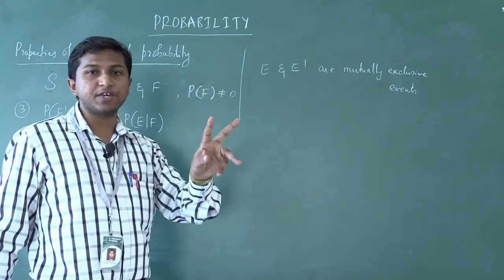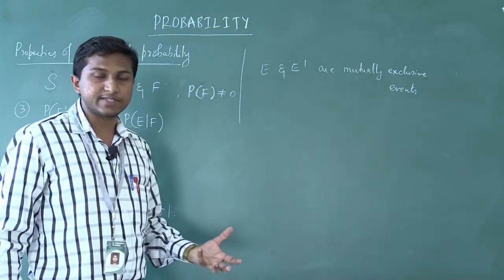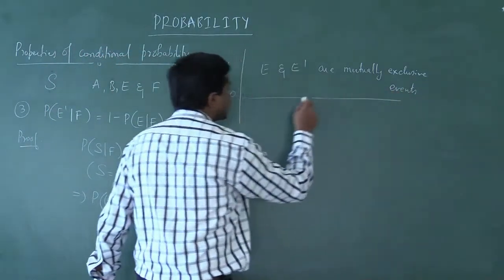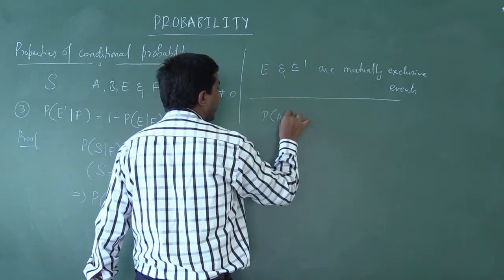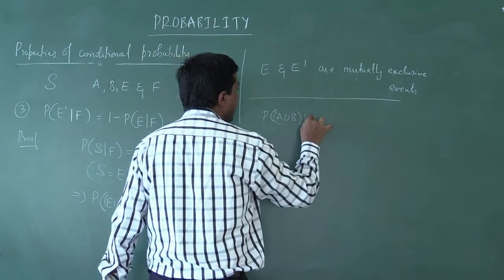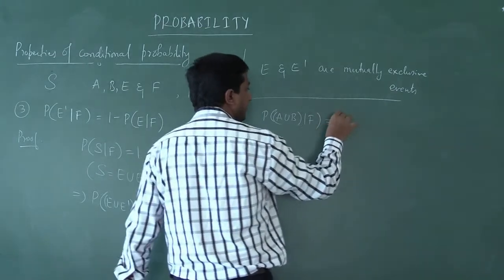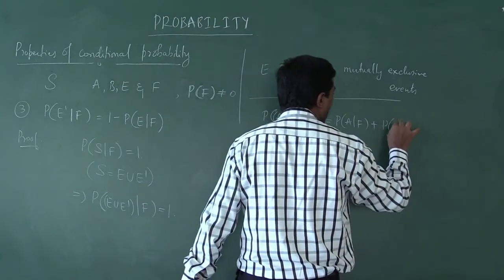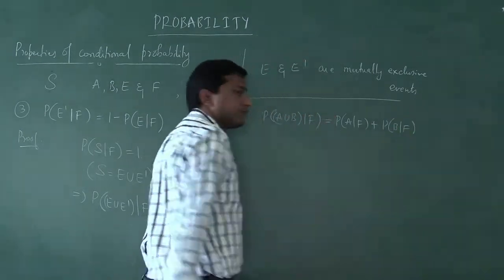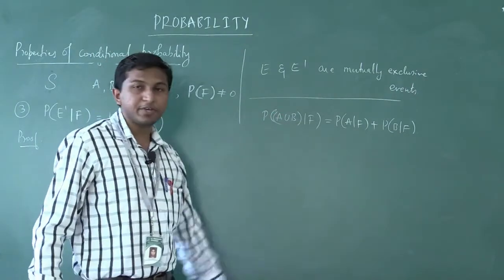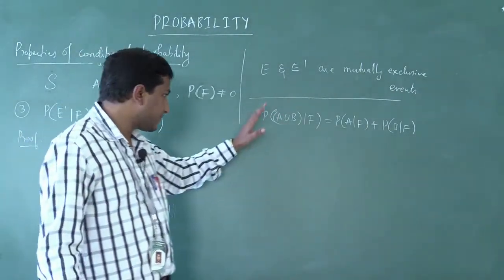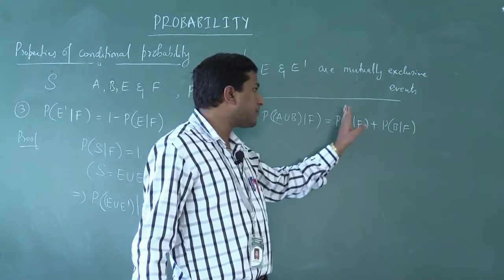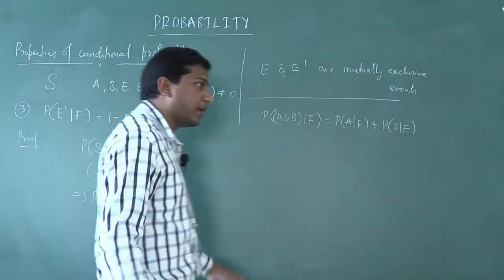If A and B are mutually exclusive events, then P of A union B bar F is nothing but P of A bar F plus P of B bar F, right? So whenever A and B are mutually exclusive events, P of A union B bar F is equal to P of A bar F plus P of B bar F.